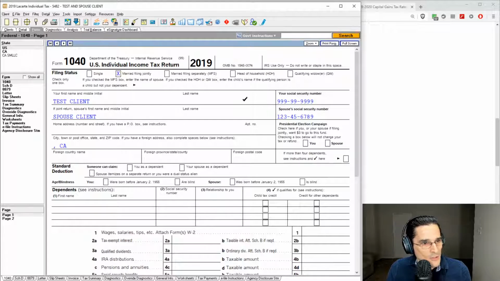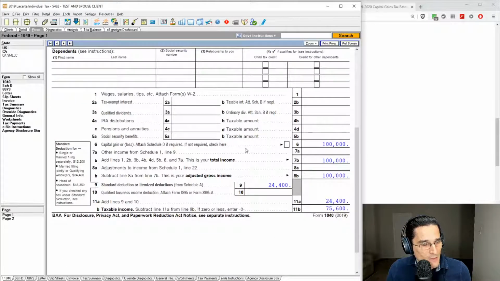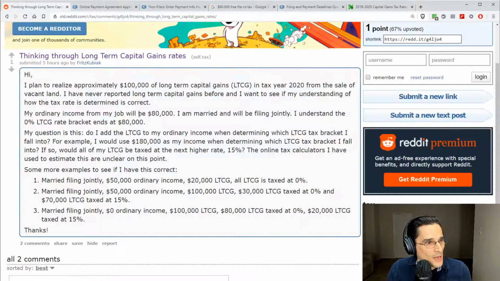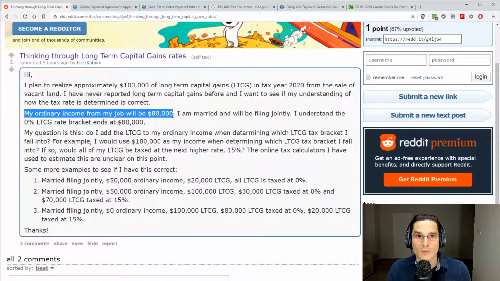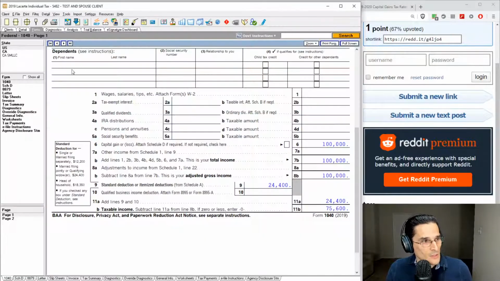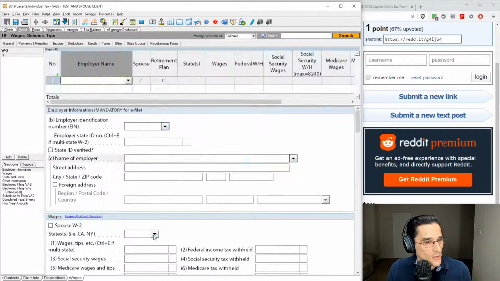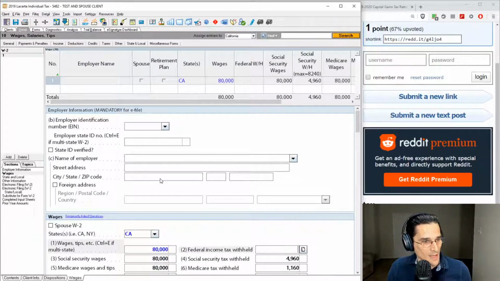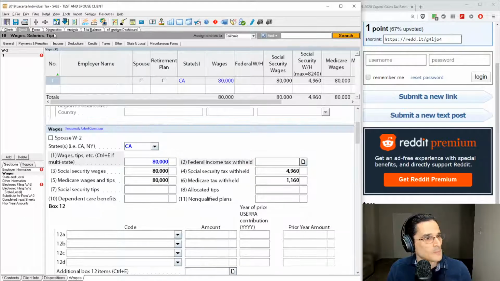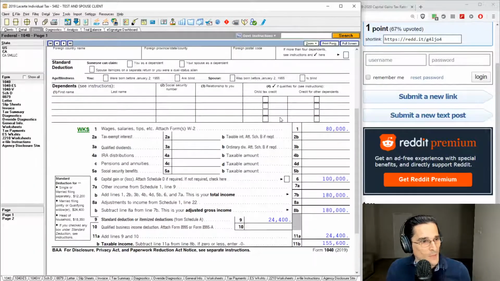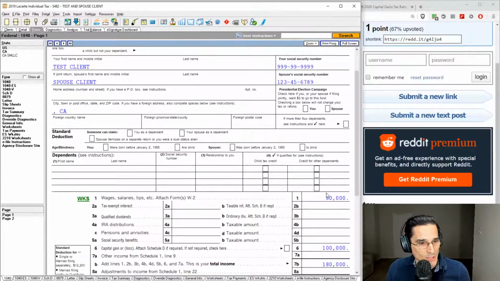We got married filing jointly, and we have $100,000 in capital gains, which we'll address later. But what else do we need to take into account? My ordinary income from my job will be $80,000. This individual didn't specify any income from their spouse, so we're going to assume that the wages are just going to be $80,000. All right? Taking a look at the return, we see that the wages is $80,000.